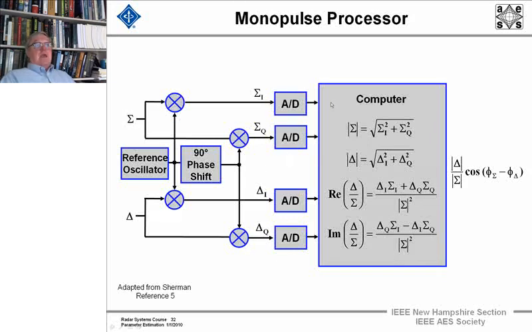After the A to D converter, we just calculate the magnitude of the sum, the magnitude of the difference, the real part of the ratio of the sum and the difference, and the imaginary part of the sum, the real part of the difference divided by the sum, and the imaginary part of the difference divided by the sum.